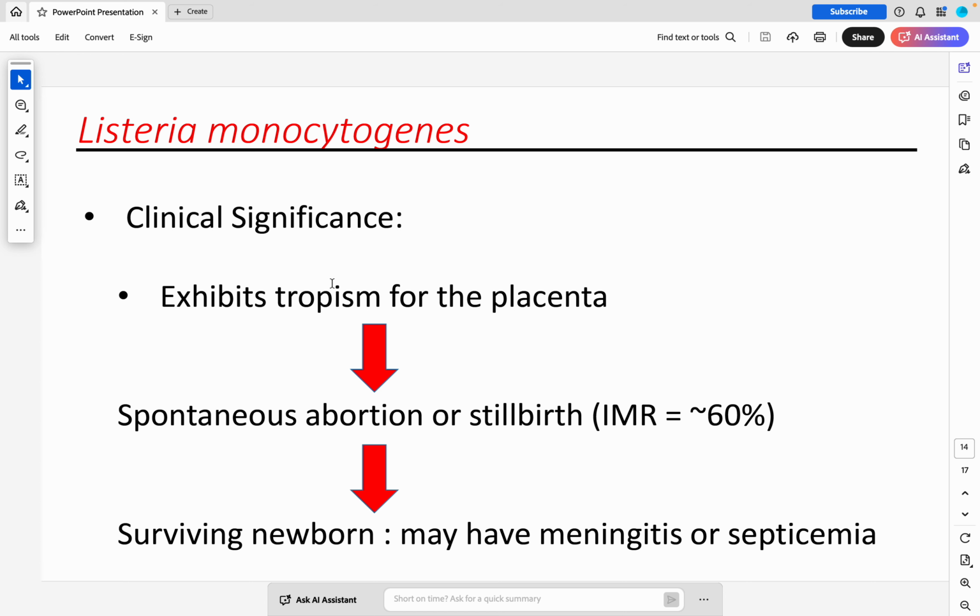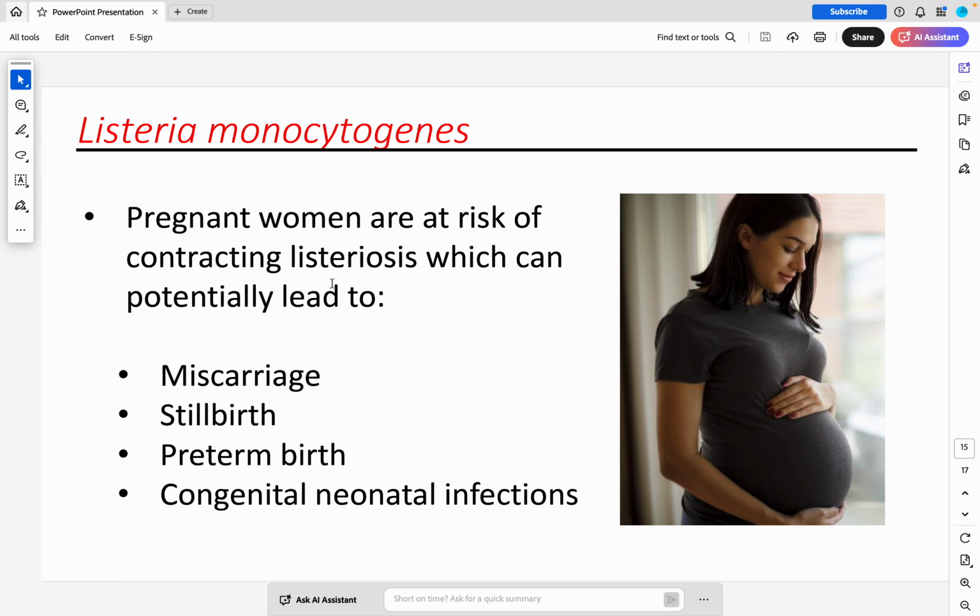They can cause spontaneous abortion or stillbirth. And when a newborn infected by this species survives, some manifestations may still appear, such as meningitis and widespread distribution of the pathogen in the blood.